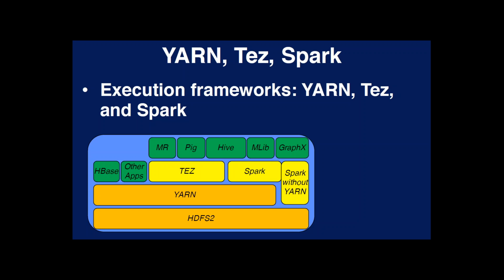Tez is a processing engine, Spark is also a processing engine, and MapReduce works on top of Tez, and Pig and Hive also work on top of it. And in Spark, we have Spark MLlib, Spark SQL and other things. With Spark's specialties, it can run without even YARN.